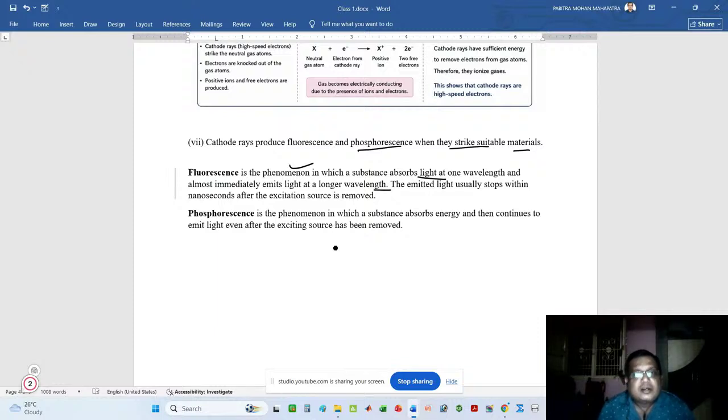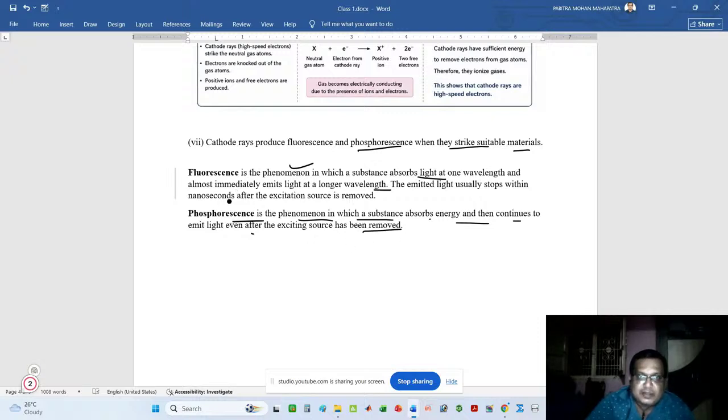You know very well about different types of lights. When power is cut off, the light source glows for a few nanoseconds. Similarly, phosphorescence is also a phenomenon in which a suitable substance absorbs energy and then continues to emit light even after the exciting source has been removed.